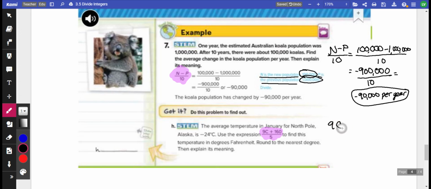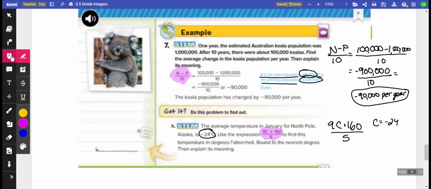And we know that we want it changed to degrees Fahrenheit. So for the letter C, we're going to say that C equals negative 24. And that's because it's saying negative 24 degrees Celsius. And this C represents Celsius.